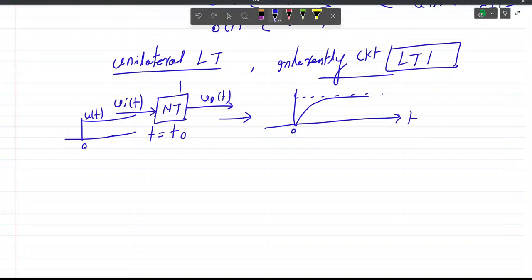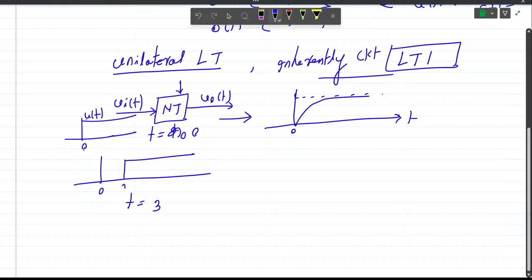If this network is linear time invariant, then if I shift the input, let's say initially at t equal to 0, I shift this input to t equal to 3, that is 0, 1 as usual. That means I applied u(t minus 3).